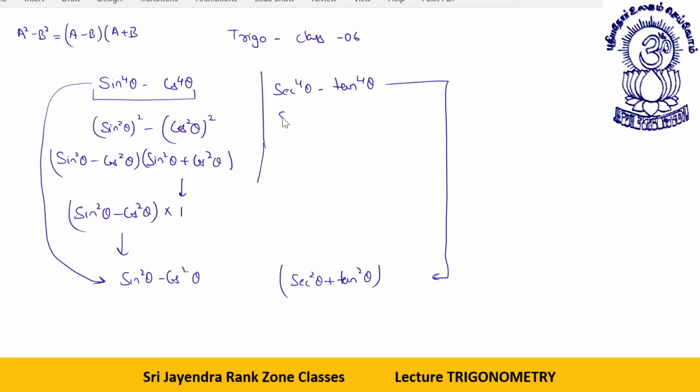How? Let's see. This will be written as secant square theta square minus tan square theta square. This is a square minus b square. This will be a square, a minus b and a plus b.